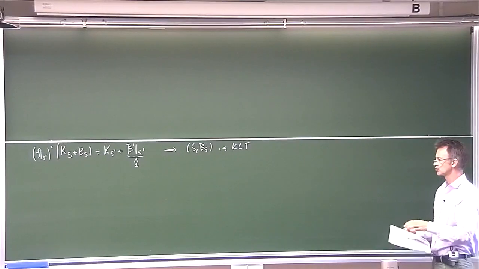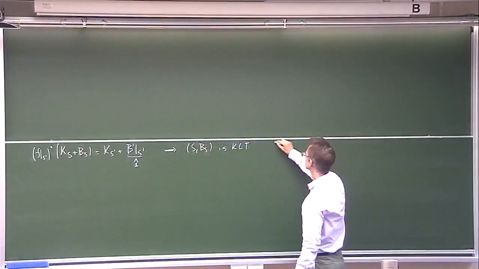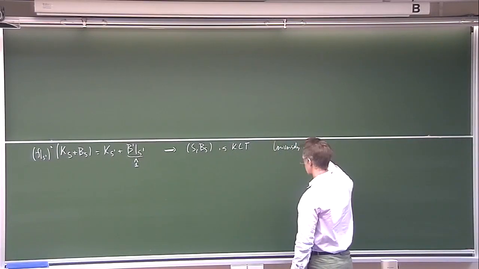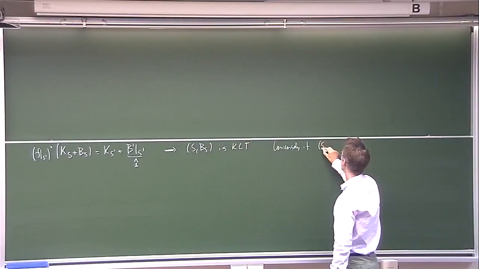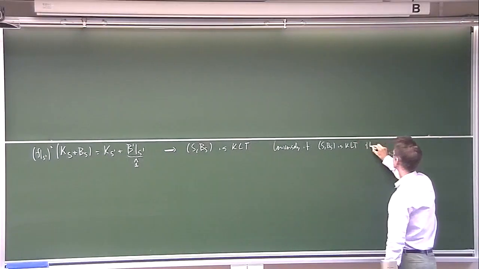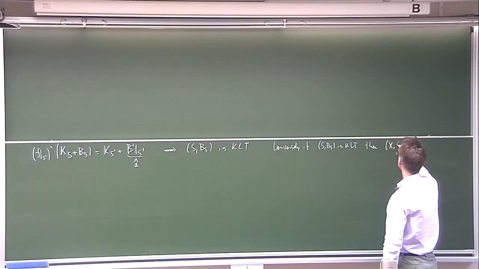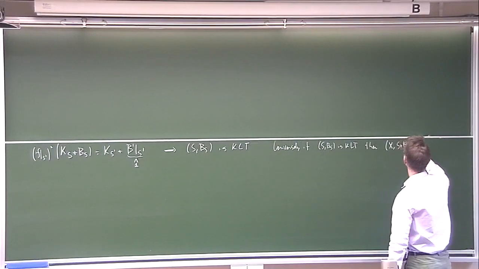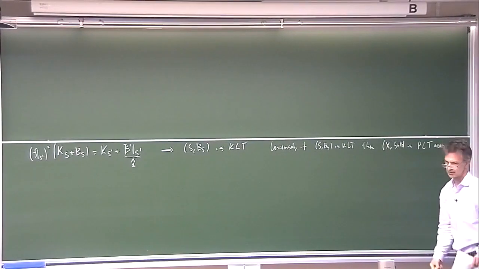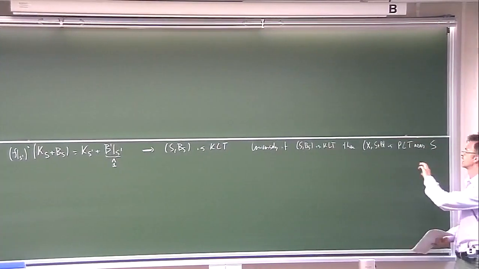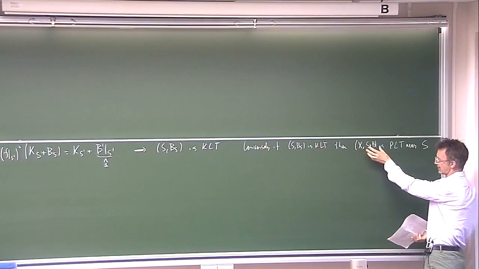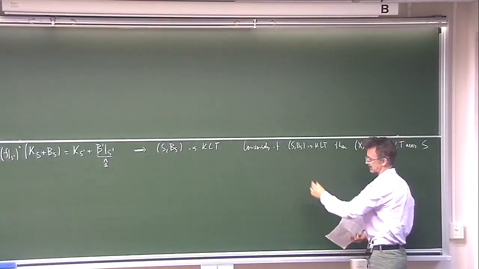The converse is also true. Conversely, if (S, B_S) is KLT, then the pair (X, S plus B) is PLT on a neighborhood near S. Not everywhere, because you could add some divisor with coefficient 1, say, which is disjoint from S. There's no way you're going to pick that up by just checking if (S, B_S) is KLT.